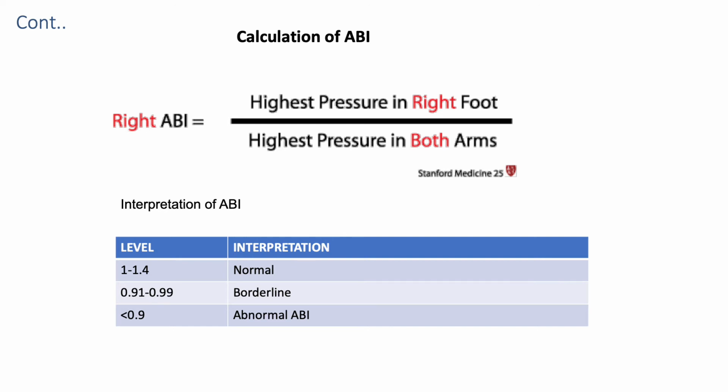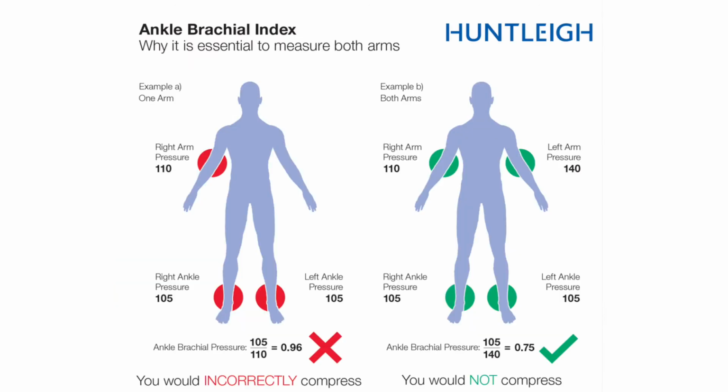A reading between 1 and 1.4 is normal. A reading of 0.9 to 0.99 is borderline. However, when your ABI reading is below 0.9, then you have an abnormal ABI, and it will most probably lead to the diagnosis of PAD.